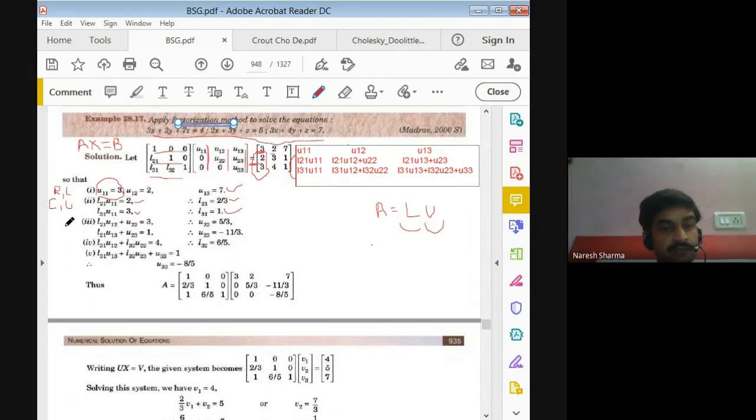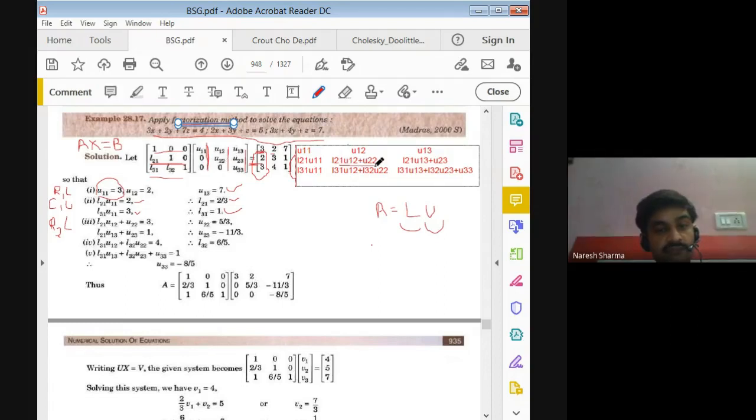Now in the third step, we can use the second row of L. We fix this second row, and it can be multiplied with the first column, second column and third column. The first column we have already done, so we multiply the second row with the second column and third column. Multiplying with the second column, we get L21 multiplied by U12 plus 1 into U22.